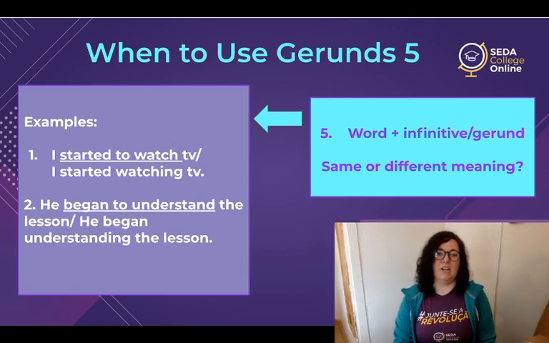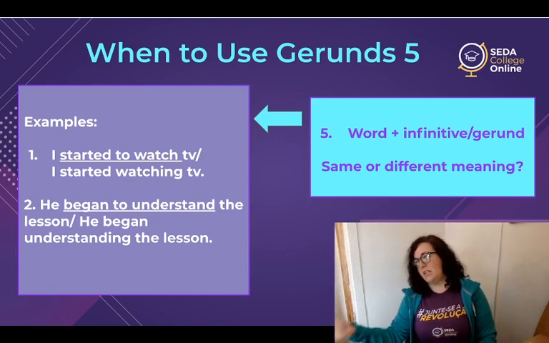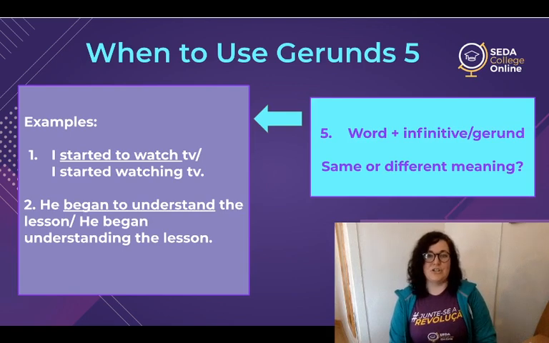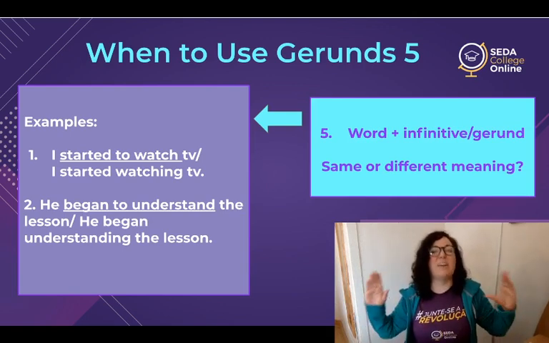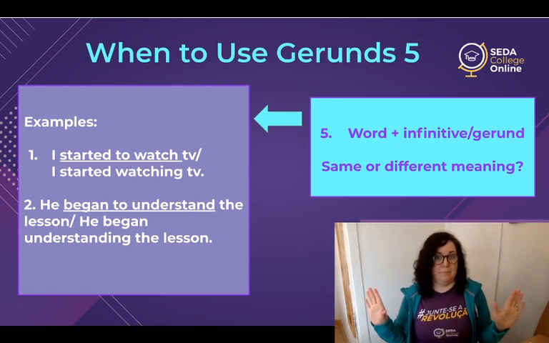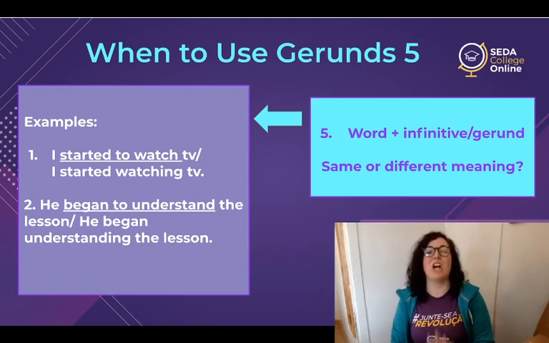So say, I came home this afternoon and I started to watch TV. All right, you came home, then you watched TV. I started watching TV this afternoon. That might mean you never watched TV before in your life, and you began watching TV this afternoon, okay, for the first time. So there could be a slight difference in meaning there depending on the context.